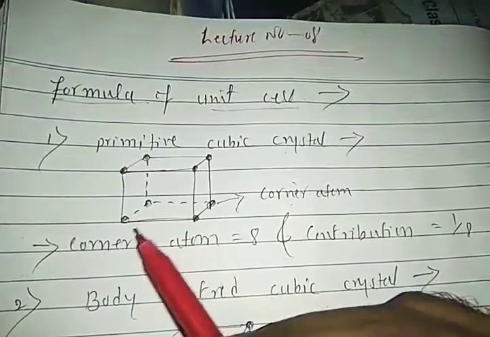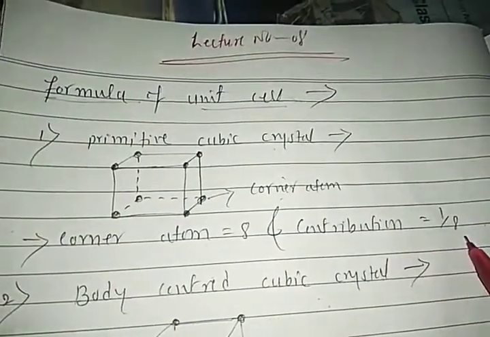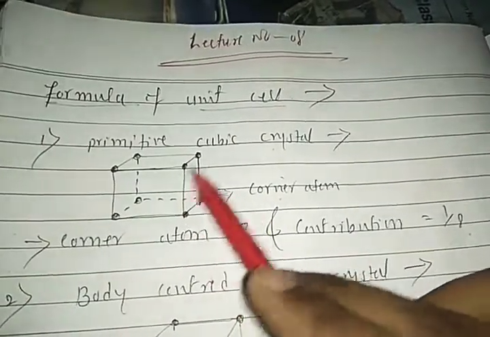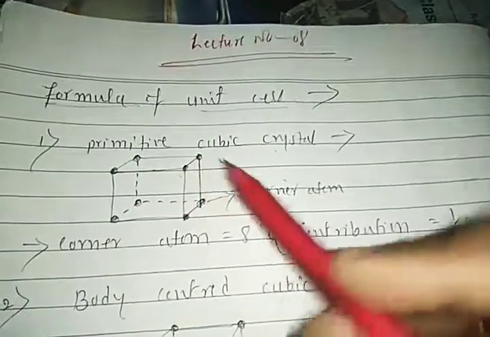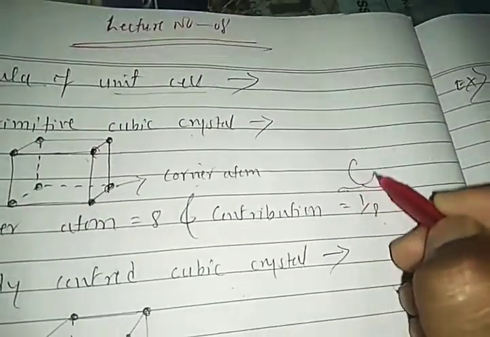So corner atoms are 8, contribution 1 by 8. Corner atoms are 1, 2, 3, 4, 5, 6, 7, 8. So each atom contributes 1 by 8 part. It means one atom is there.